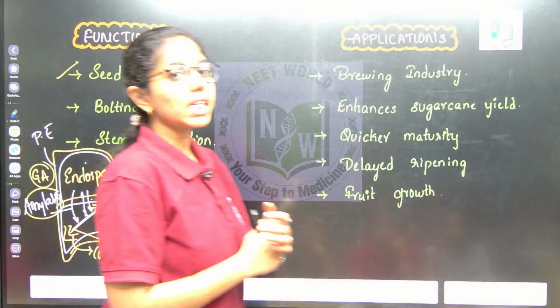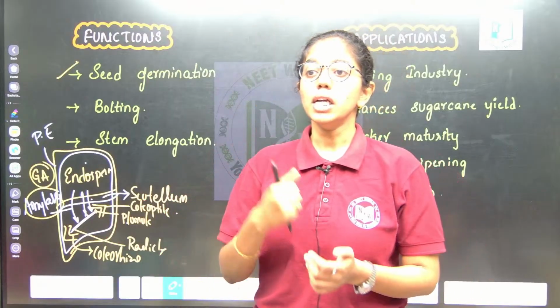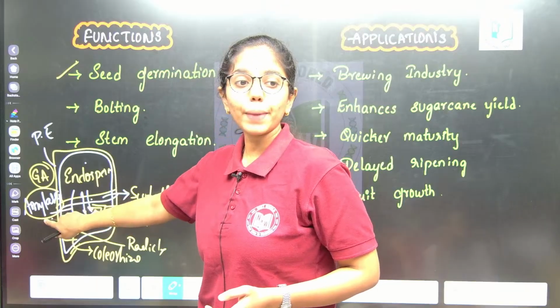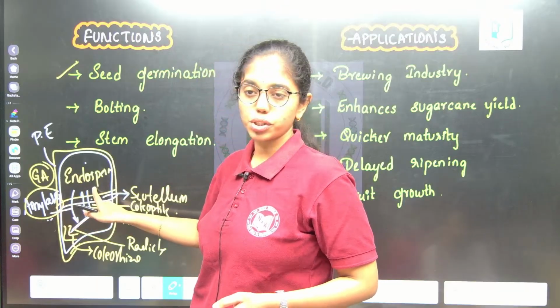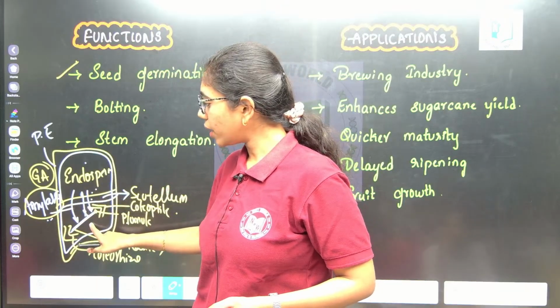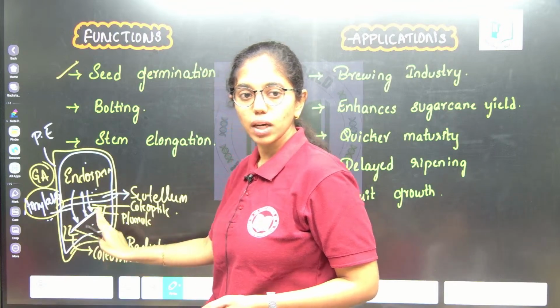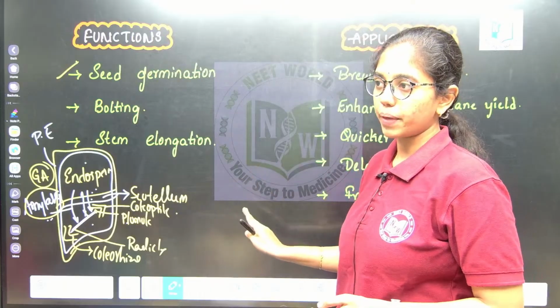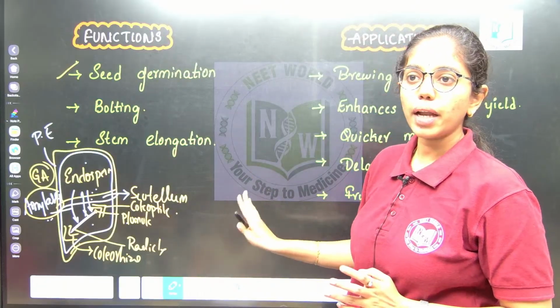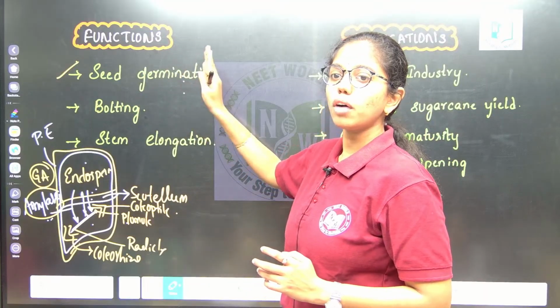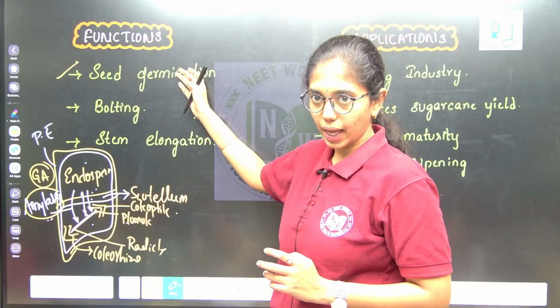Amylase will act on starch and convert it to simple sugars that the embryonal axis can take up. That is how seed germination happens. Understood everybody? Any doubt? This is the process behind the promotion of seed germination by gibberellic acid.